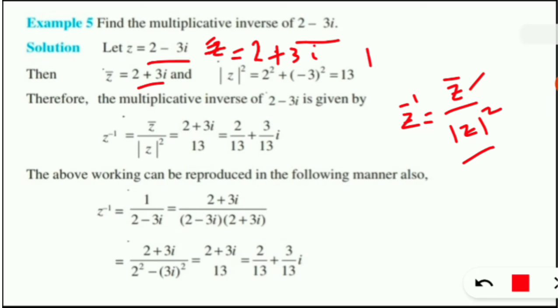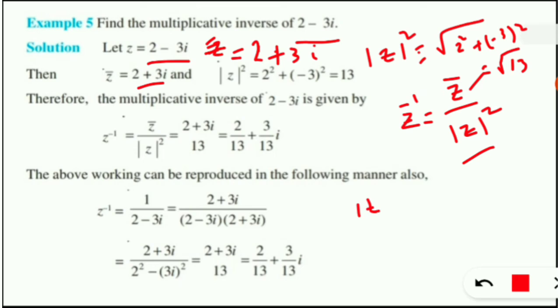We find mod z square. Mod z equals the square root of 2 square plus minus 3 whole square, that means 4 plus 9, so the square root of 13. If we square both sides, mod z square equals 13.